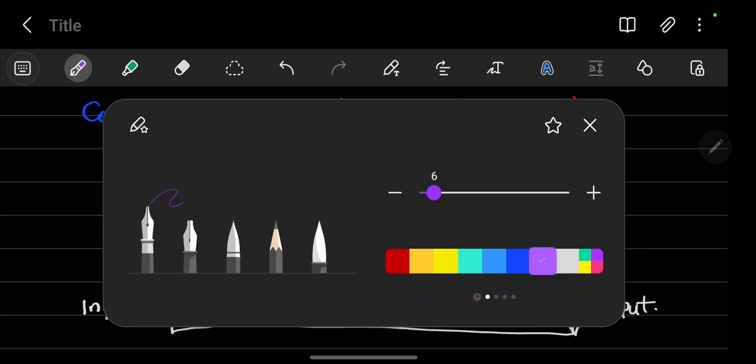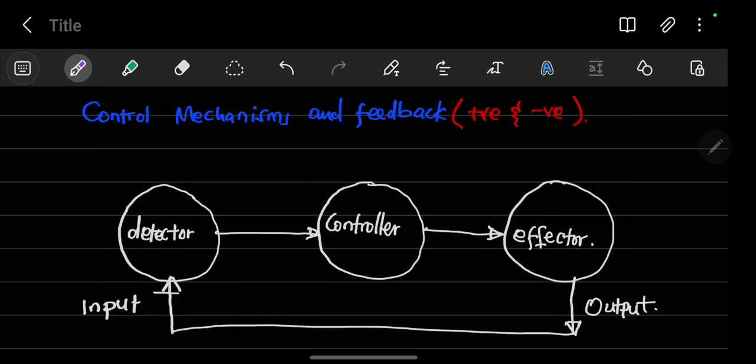So, from what I'm having here, the detector can be your skin, the detector can be that pancreas you're having there. It's going to be detecting an increase in sugar levels, glucose levels. So when the detector does so, it sends a message to the controller.